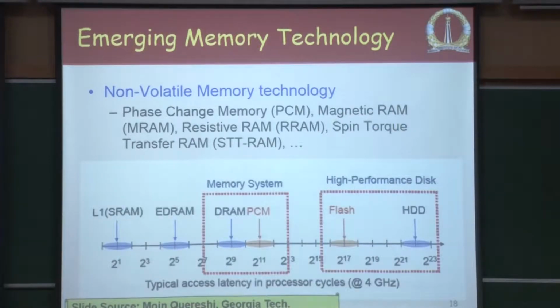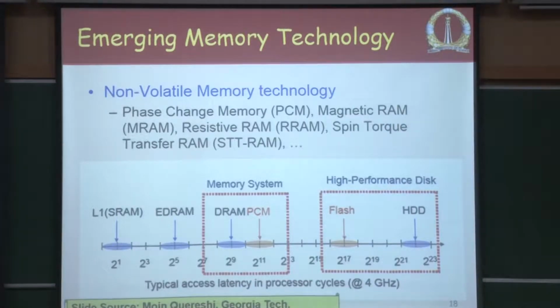So this diagram kind of puts everything in perspective. If you look at your L1, L2 caches, they are somewhere over here. Their access time is in the order of 2 power 1 or 2 power 2 or 2 power 3 cycles. Okay. And they are SRAMs, right. Then you could possibly have what is called embedded DRAM, some kind of on chip DRAM, which could have access time in the order of few tens of cycles.